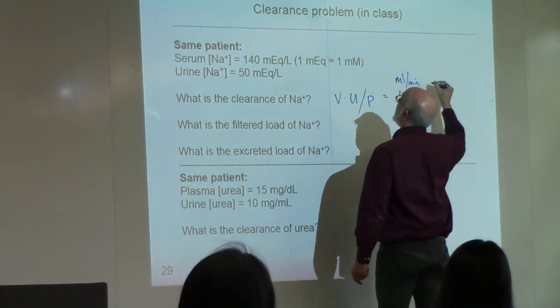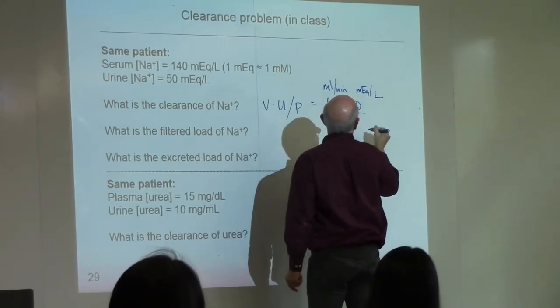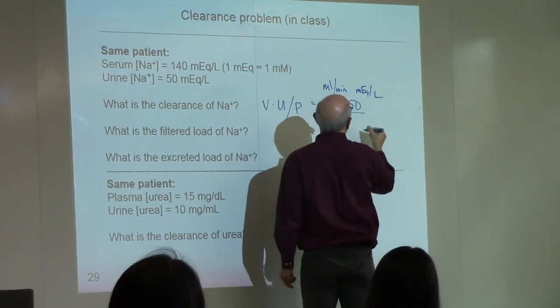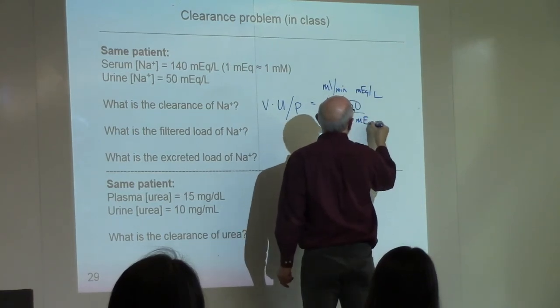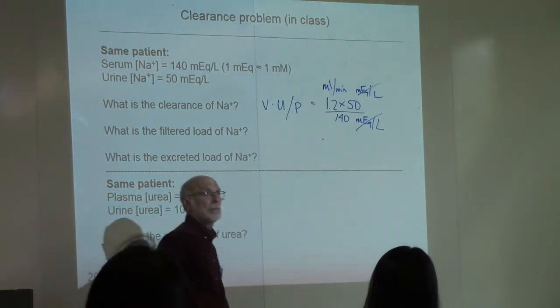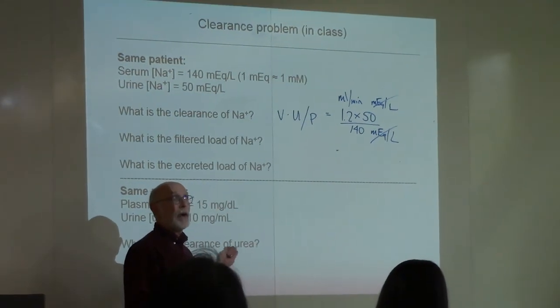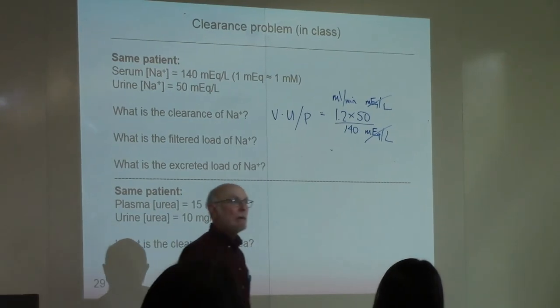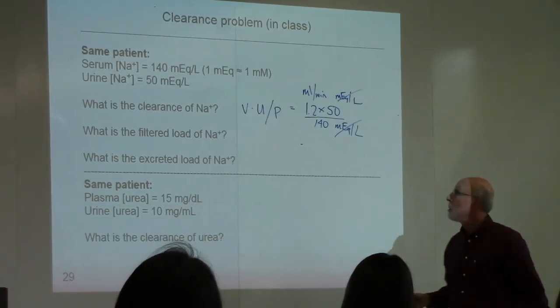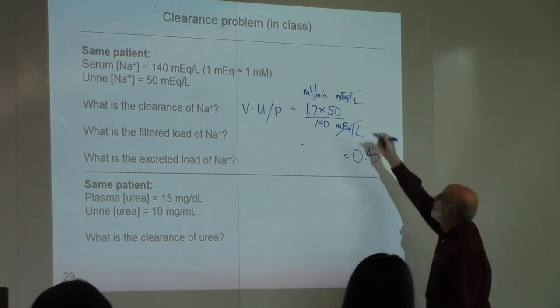This is in milliequivalents per liter. If this is in milliequivalents per liter, this cancels. So you don't have to convert. I mean, you can convert them both, but why bother? What's the number? 0.43. What are the units? Mils per minute.